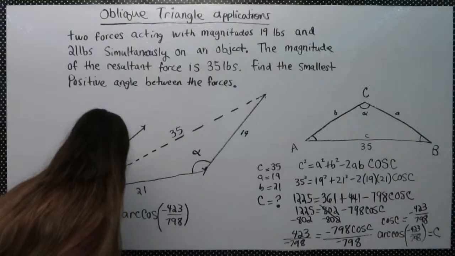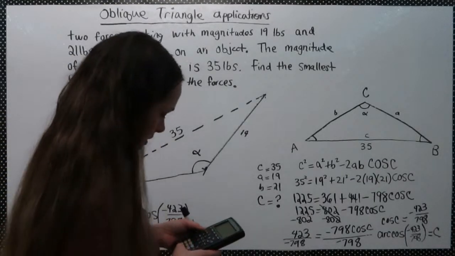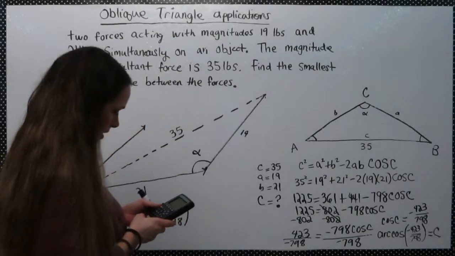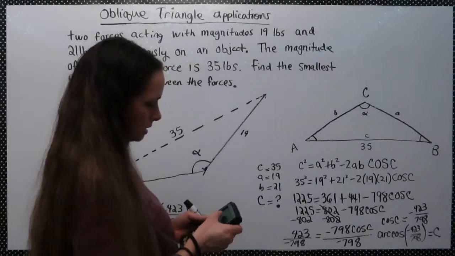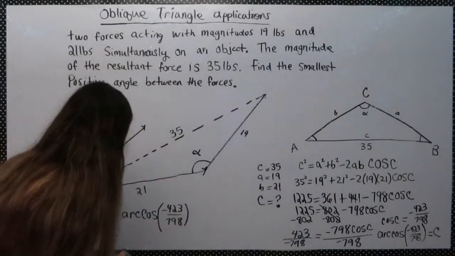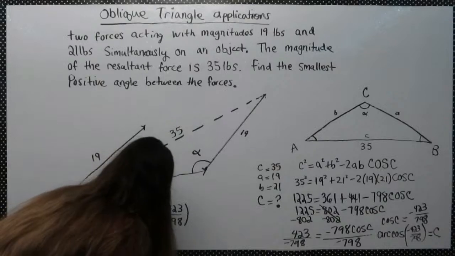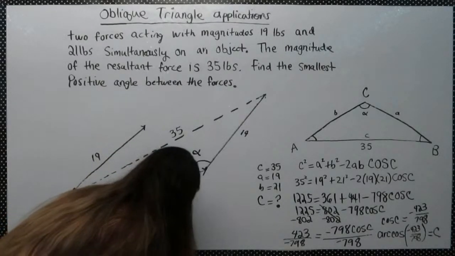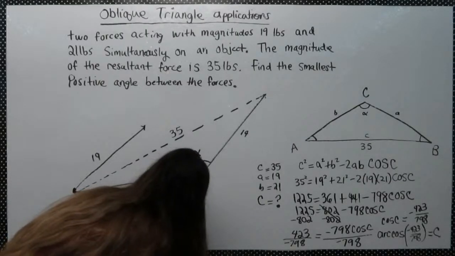And that is approximately, you'll plug it in your calculator, inverse cosine, negative 423 divided by 798, and I'm getting approximately 122.0105351.